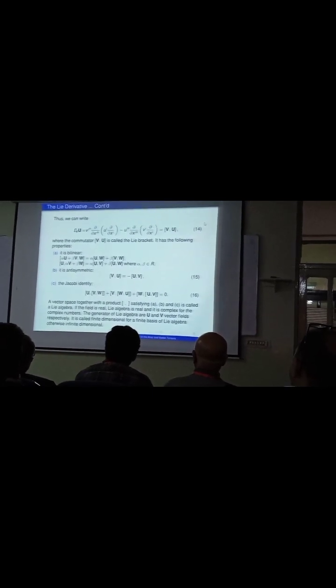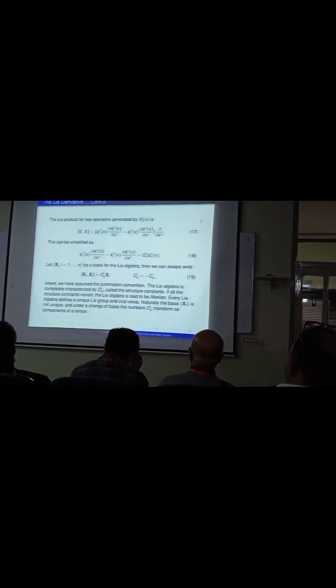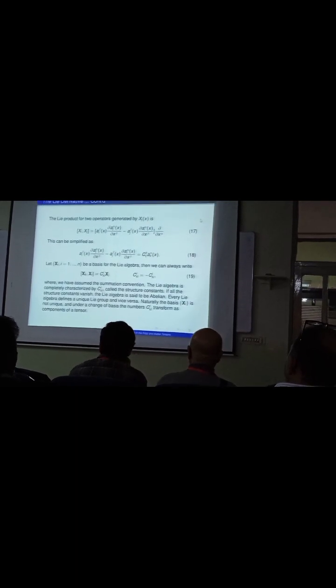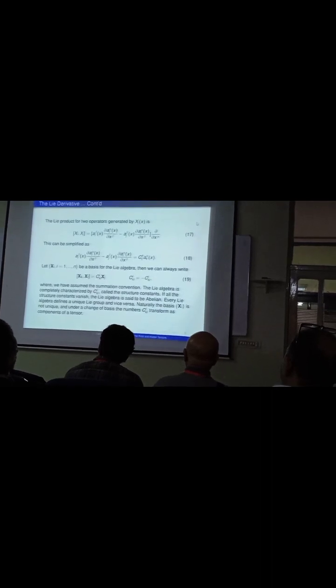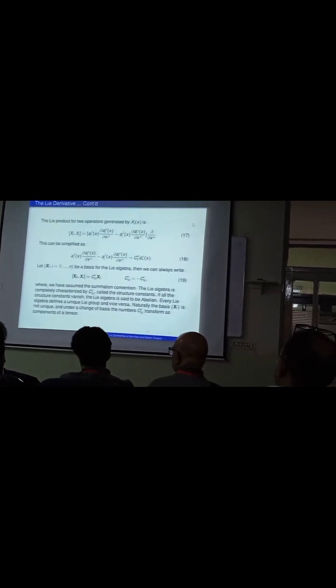As a result of the definition, equation 19 gives us the structure constants. Whenever we have a commutator relation, the Lie bracket, we get these structure constants denoted by C, J, K, L, and they are antisymmetric in the lower indices.